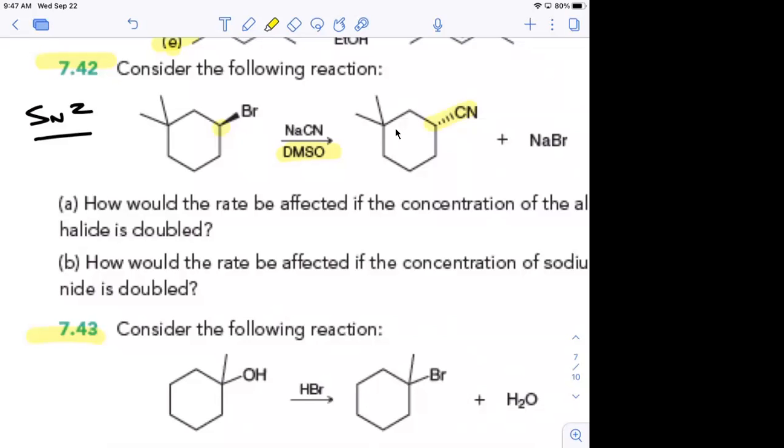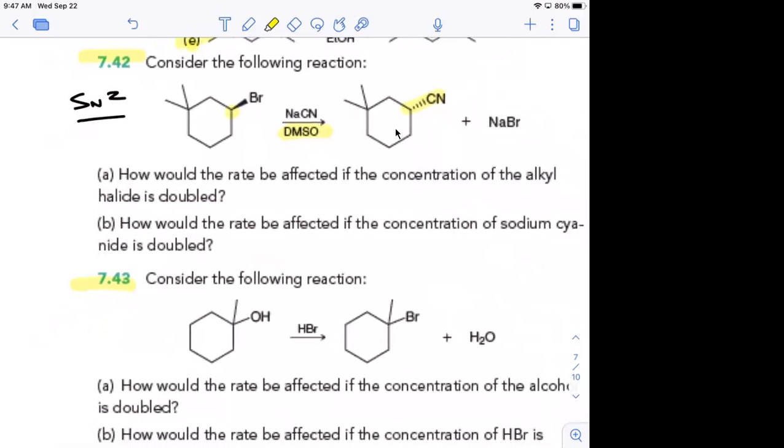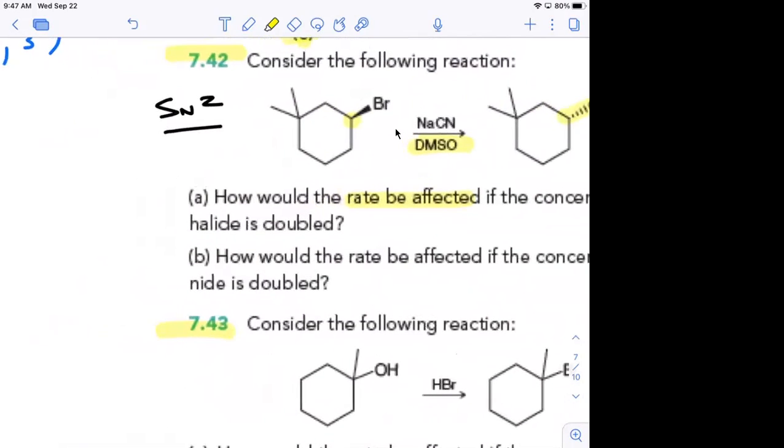All right, so now that we know it's SN2, let's answer the questions. How would the rate be affected? So this is a rate question. So you need to know the rate law for SN2 in order to answer that. All right, so rate is what? k times the concentration of what? The substrate and the nucleophile. Yes. Good.